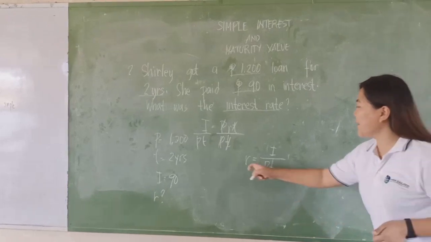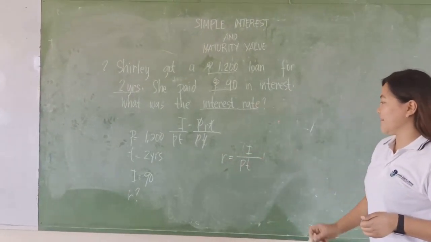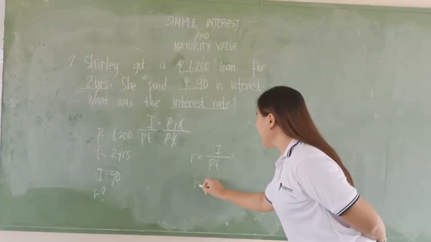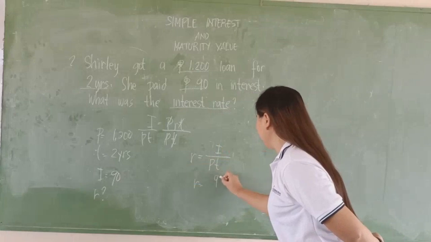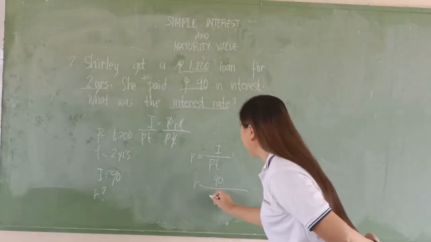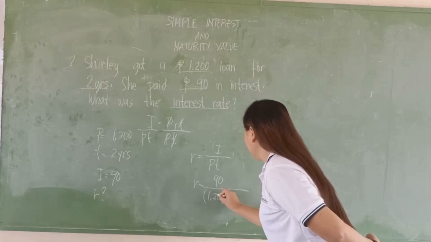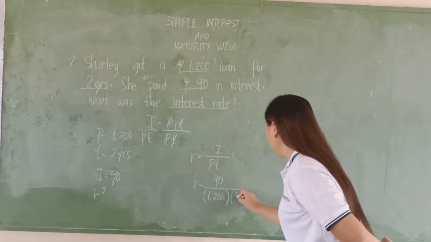Okay? So, ngayon, pwede na natin kunin yung interest rate. R is equal to I, which is 90, divided by 1,200, the principal, multiplied by time, 2 years.